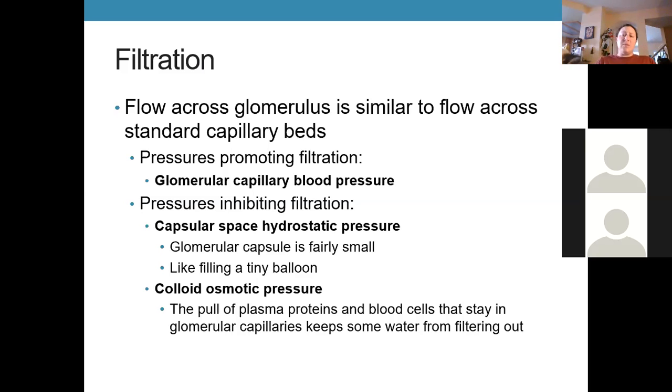So they stay in the blood in the glomerular capillary, and they have an osmotic pull on the water, the fluid component of the blood that's filtering out. And so in order to actually filter fluid out of the blood, the pressure of that blood in the capillaries has to be high enough to overcome these opposing pressures.